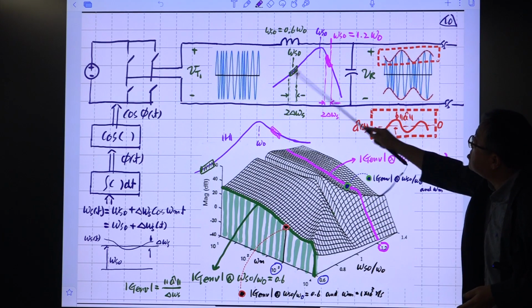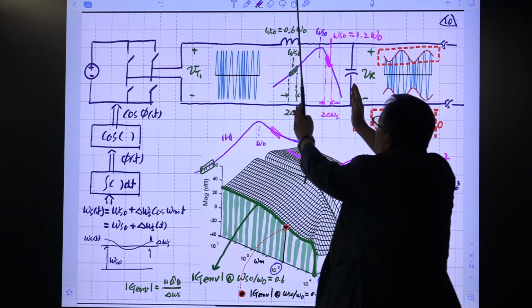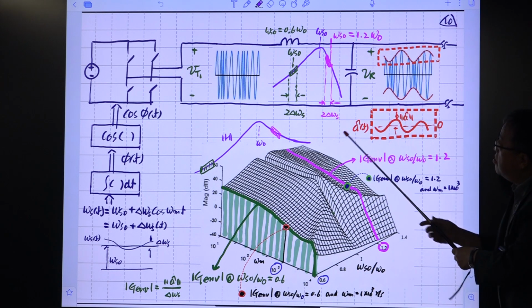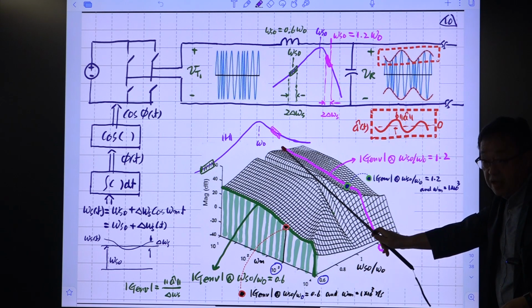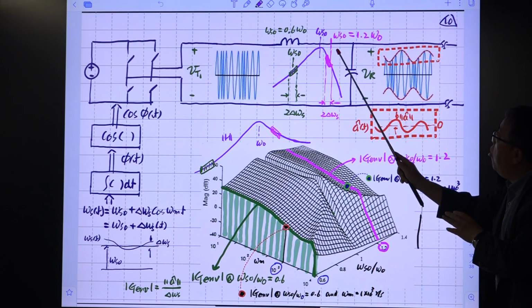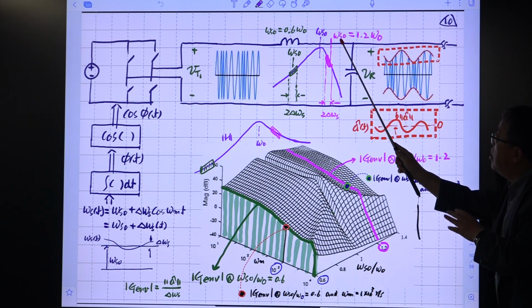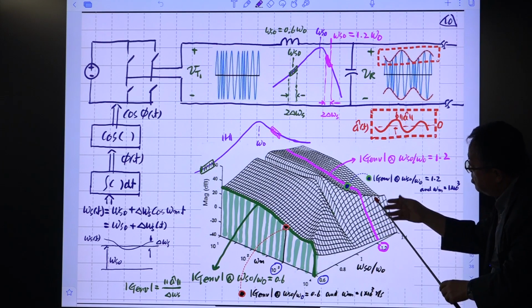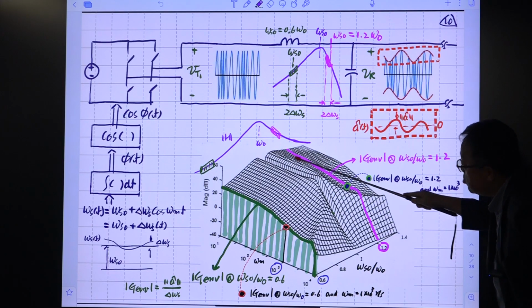This is the same thing. We moved this curve to here, so you are watching that curve here. So the variation occurs here, right? At the given frequency omega S0, at the fixed unmodulated switching frequency, that is one point along this line.